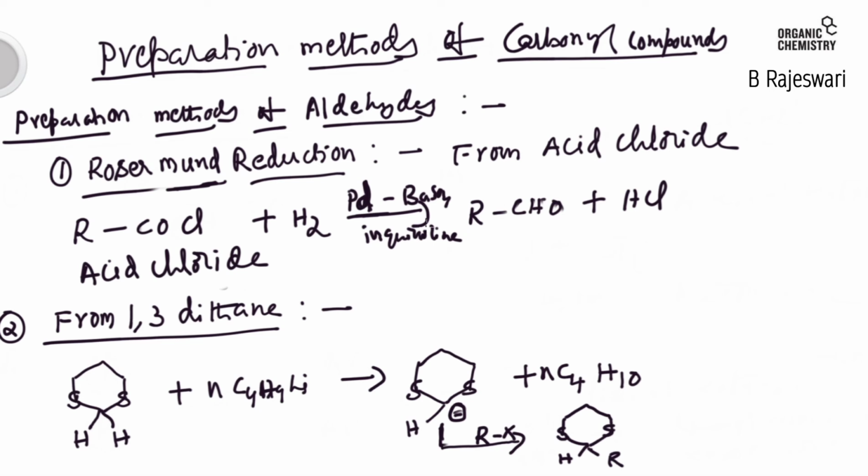This thioacetal, on further treatment with H plus and HgCl2, gives aldehyde. Here 1,3-dithiane is regenerated. So these are the two important methods for the preparation of aldehydes which are in your syllabus.